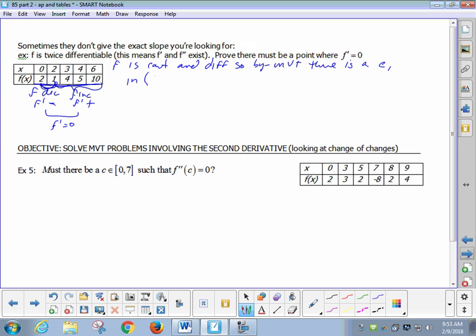Let's go 0 to 2 first, such that f prime at that C1 equals f at 2 minus f at 0 over 2 minus 0. Now, you could say negative, but it's just as easy to just find the number. So what's the number? What's the slope?